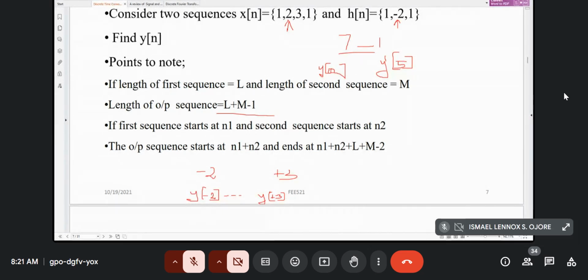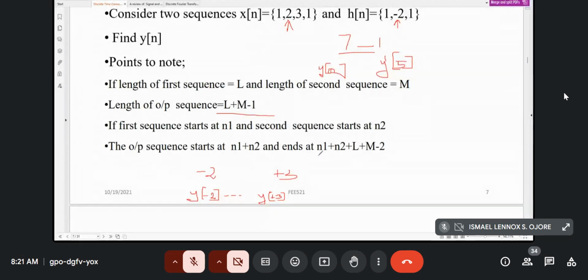Yes, Sherry. Could you please repeat why the output becomes L plus M minus 2? It's because although the length is L plus M minus 1, where you start is not 1. You see, this is 1, 2, 3, 4, but we don't start with 1, we start with 0.